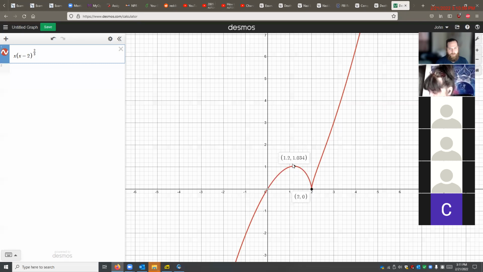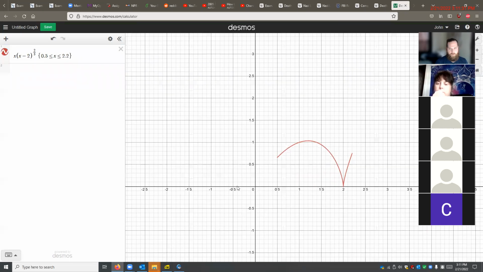Now, neither one of them are absolute extrema unless I restrict the domain. If I were to restrict the domain to something like this, now those numbers are not just critical numbers, but they're also the locations of your absolute min and absolute max, right?